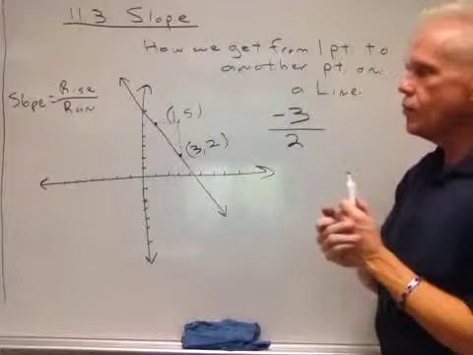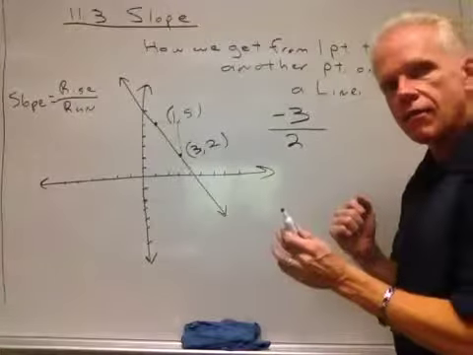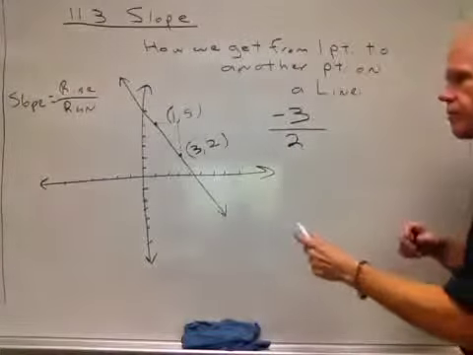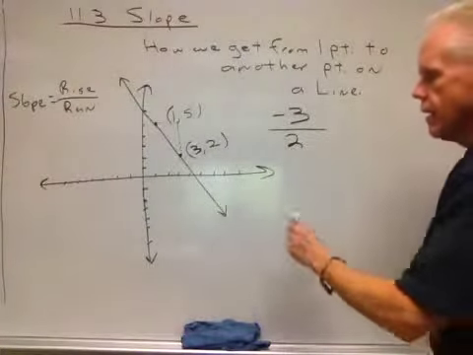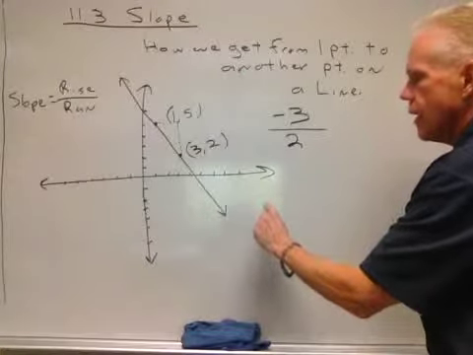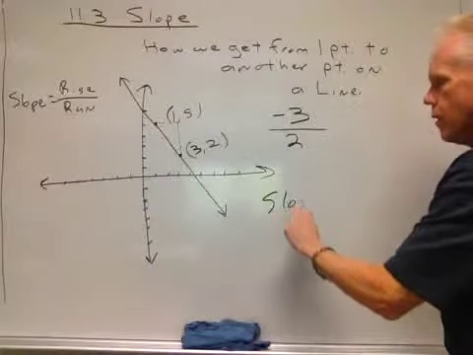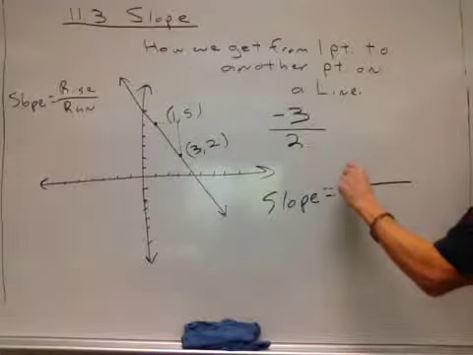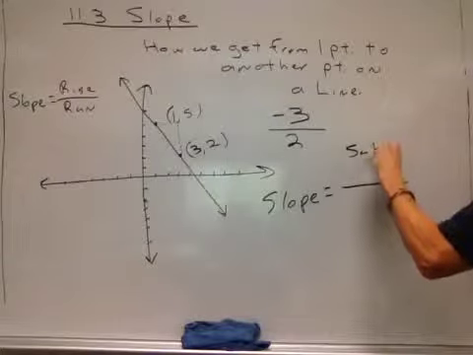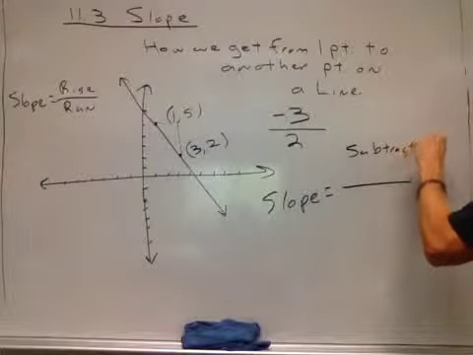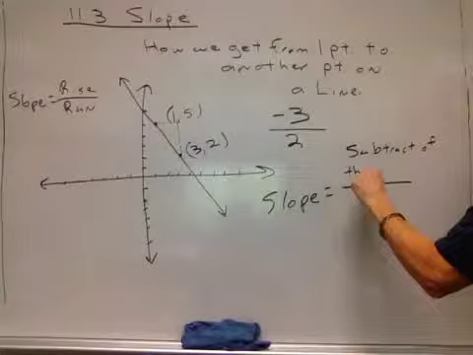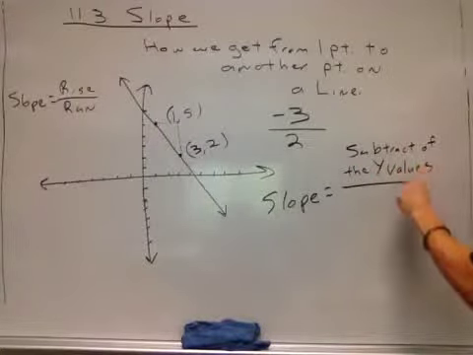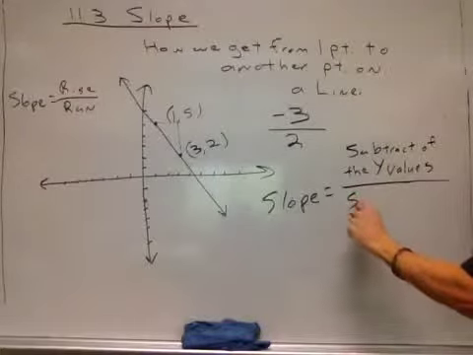Now, the other thing I want you to notice, that a lot of folks use with slope and that's pretty good, is this idea that we can have our slope equal the subtraction of the y values over the subtraction of the x values.